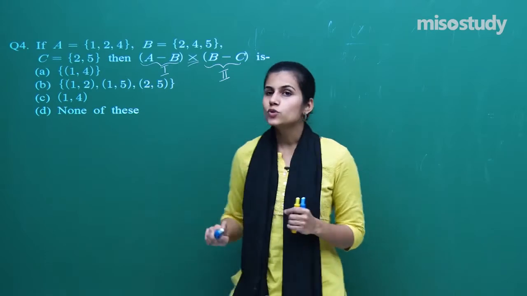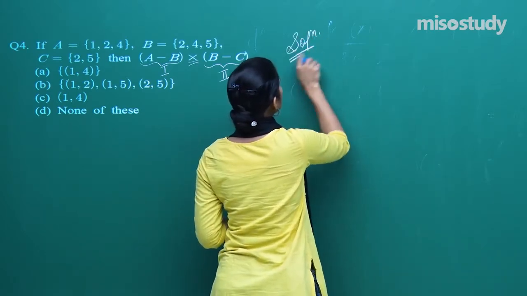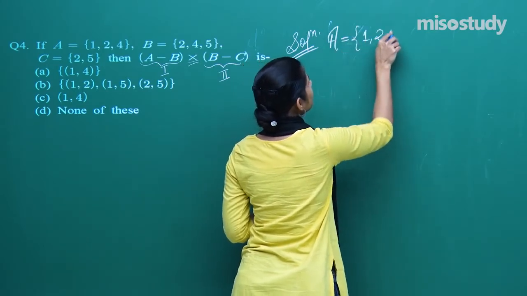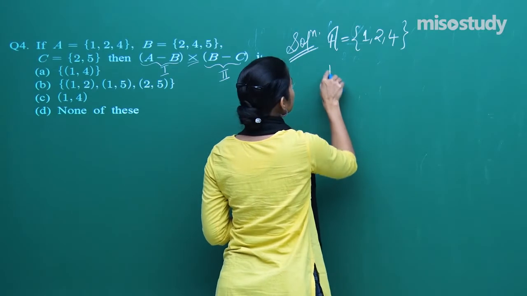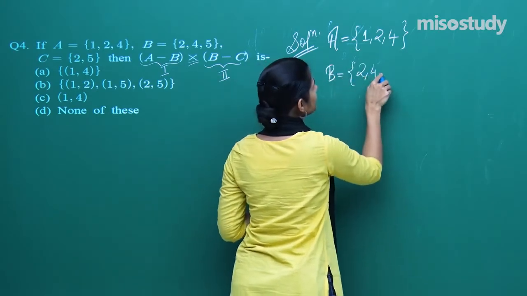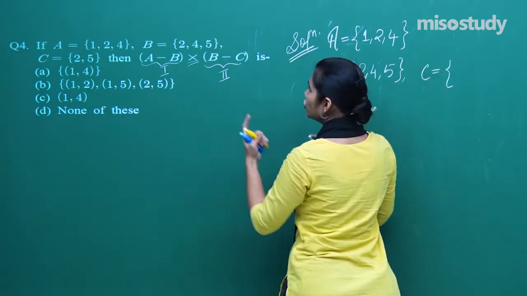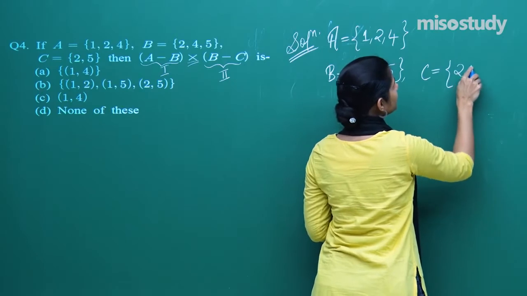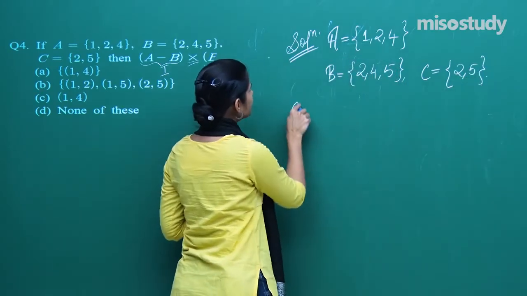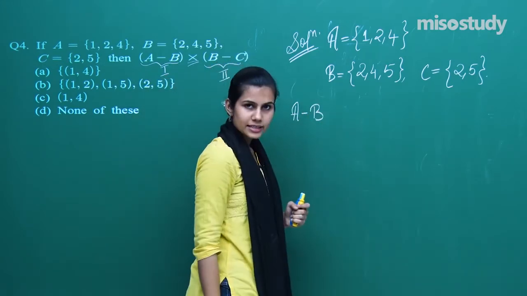So if A is 1, 2 and 4, a set of 3 naturals, B is given to be 2, 4 and 5 and C is given to be 2 and 5. In this case, I am interested in calculating (A minus B) cross (B minus C).